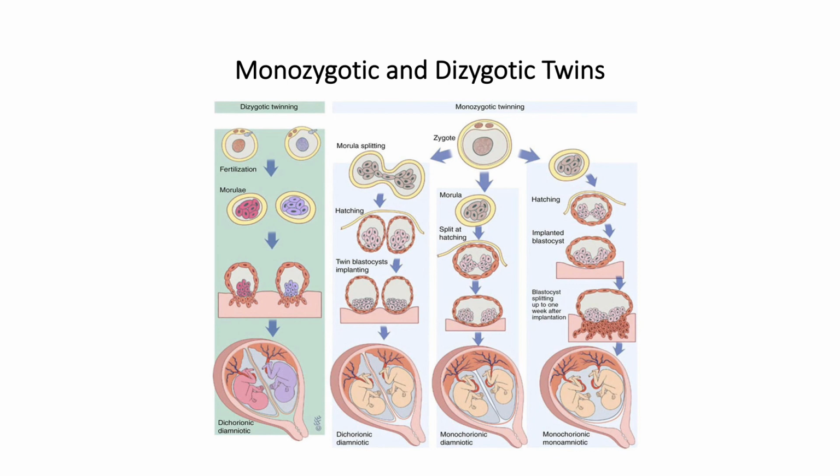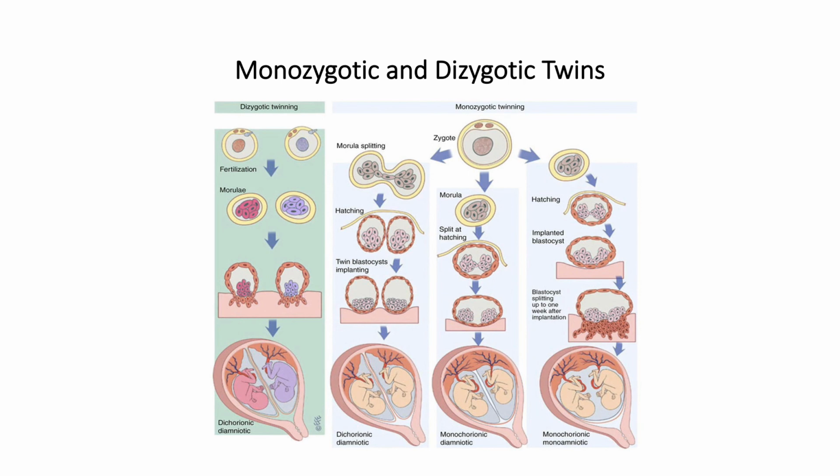Or the splitting can come late, after about a week after implantation, and the blastocyst can actually split into two identical embryos, and in that case, they have the same chorion and the same amnion, and share the space in the amnion.